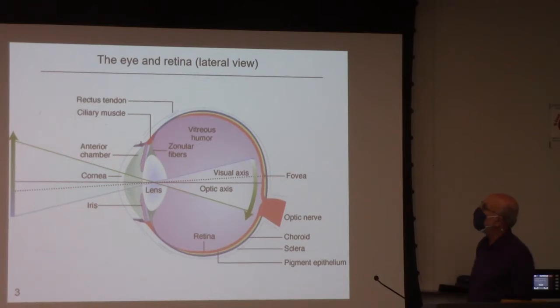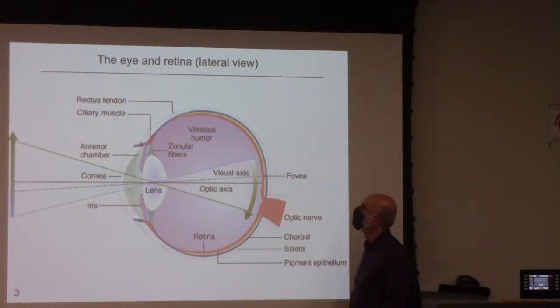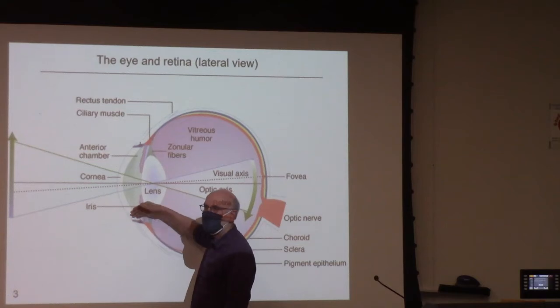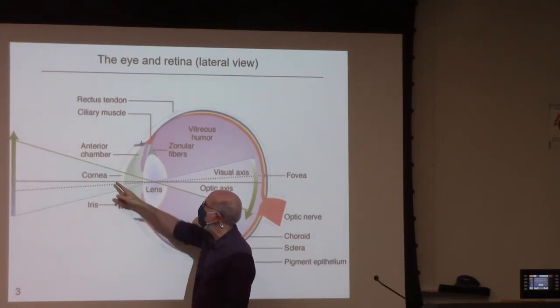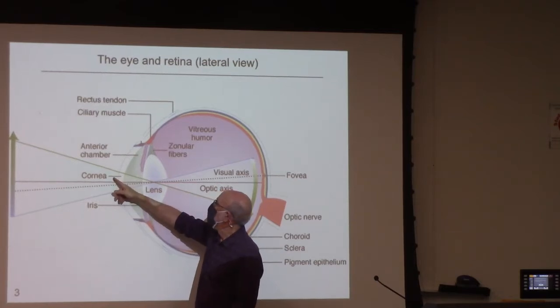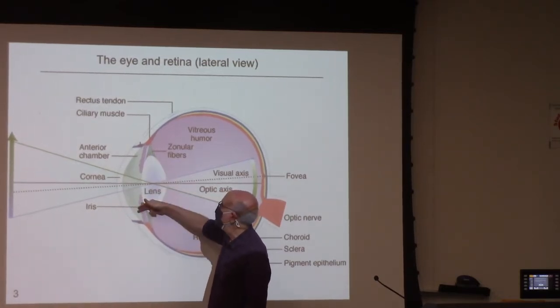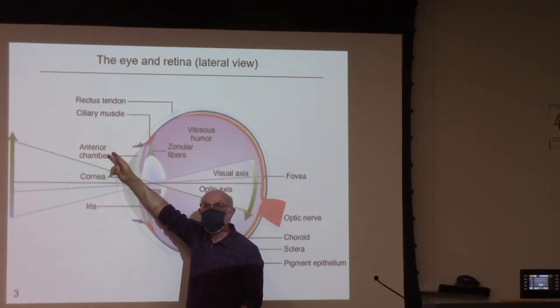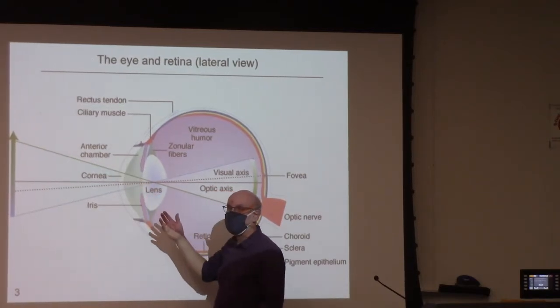Let's work on the anatomy of the eye. So the clear structure in the anterior surface of your eye is called the cornea. Behind the cornea is a chamber called the anterior chamber, and it's filled with a fluid that is not, for some reason, labeled on this slide.